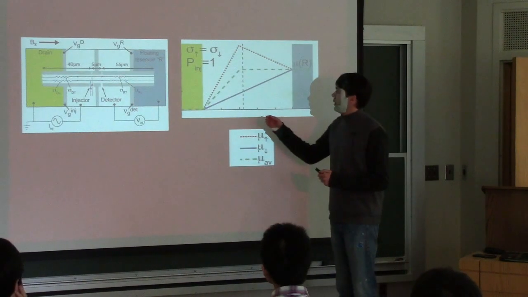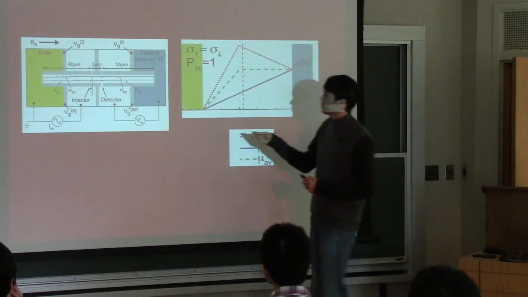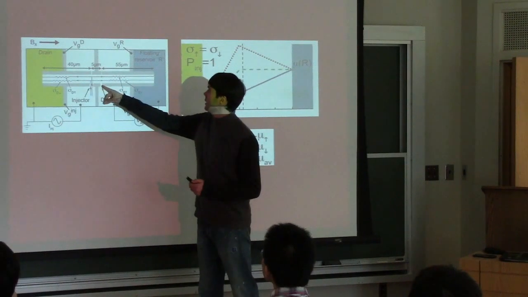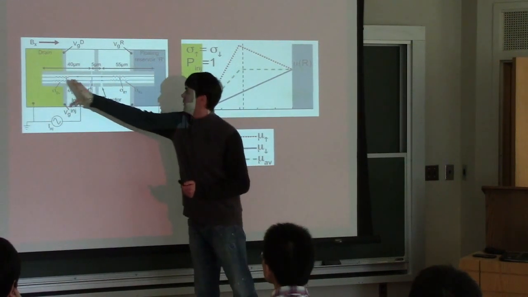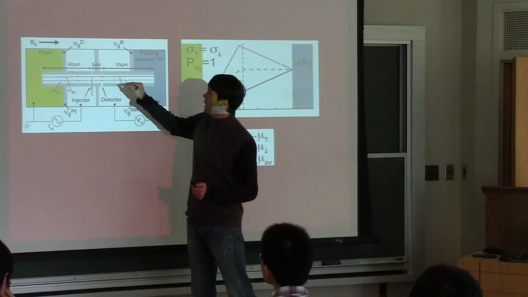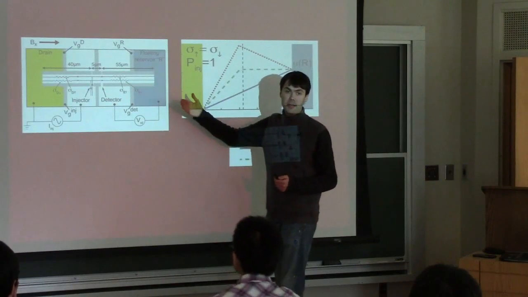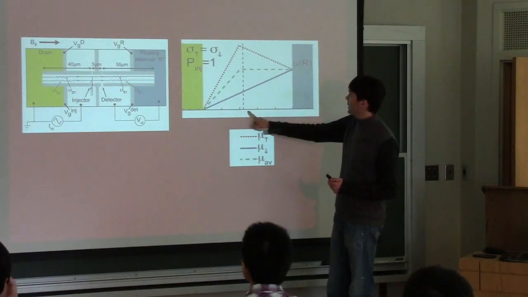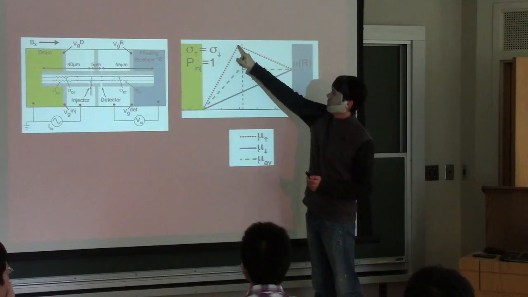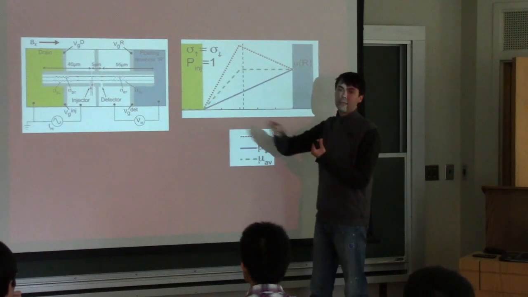So this is now the chemical potential diagram of the non-local spin valve. You have the injector and a detector, you have two reservoirs left and right, and in this quasi-ballistic channel you have kind of different circuits for spin up and spin down. And let's look at these chemical potentials. This is the injection point, and at the injection point we're sending in spin ups.